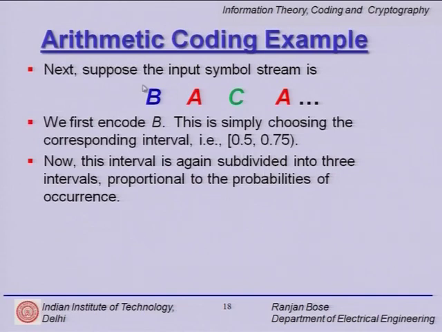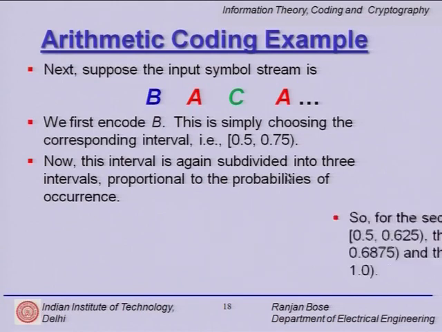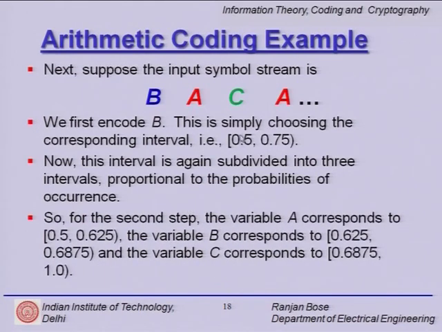So, B, the first symbol that came in, chose this subinterval 0.5 to 0.75. Now, this subinterval will be further subdivided into three regions A, B and C, half, quarter and quarter, depending upon the probabilities of A, B and C. So, now 0.5 to 0.75, if you divide it in half, becomes 0.5 to 0.625 belonging to A, 0.625 to 0.6875 to B and 0.6875 to 0.75 for C.